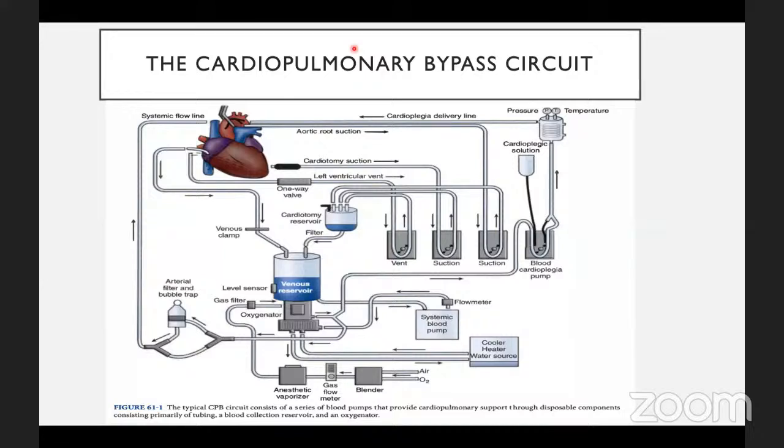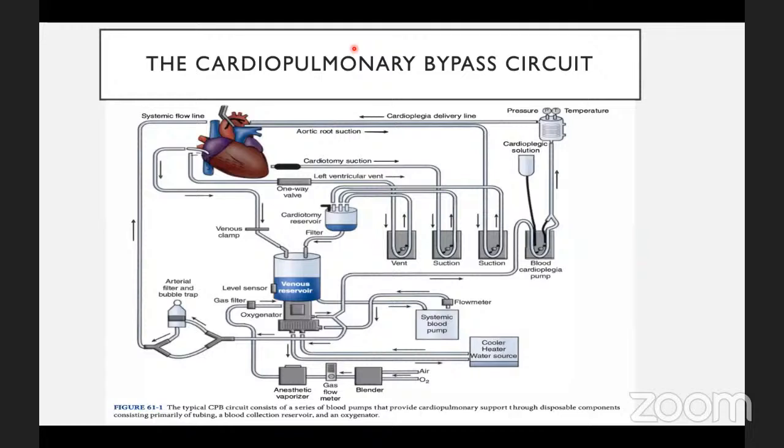Acidosis produces vasodilatation in the systemic circuit and vasoconstriction in the pulmonary circuit. So the pulmonary and systemic vasculature behave diametrically opposite to these three factors: carbon dioxide, pH, and oxygen.